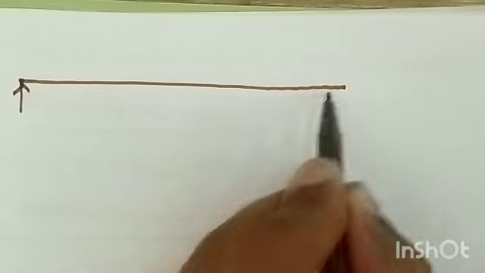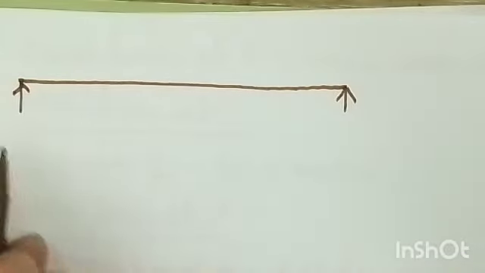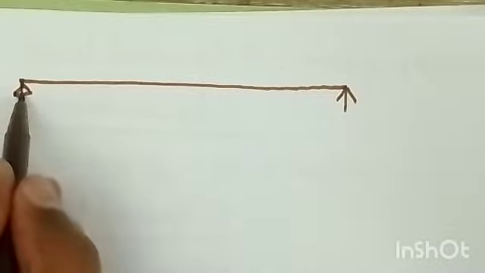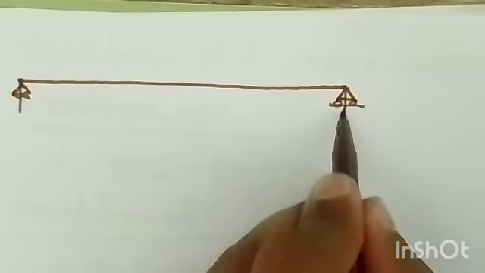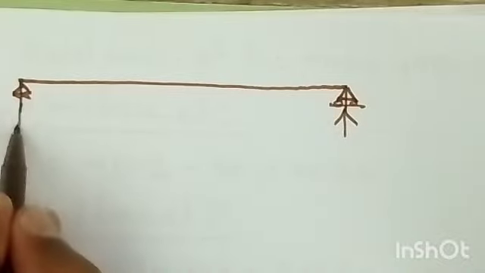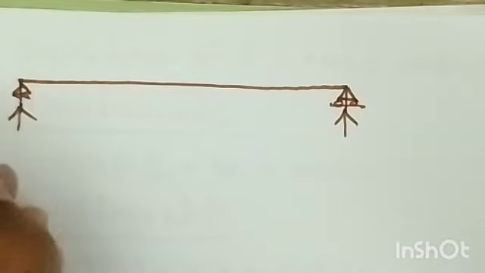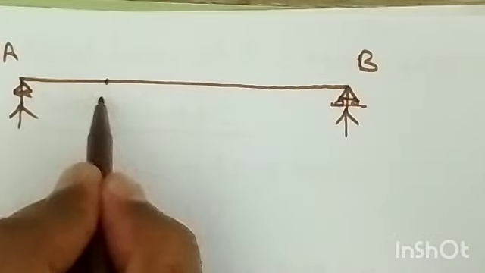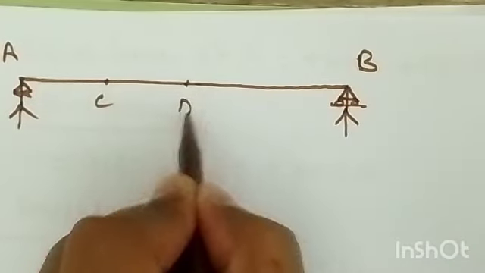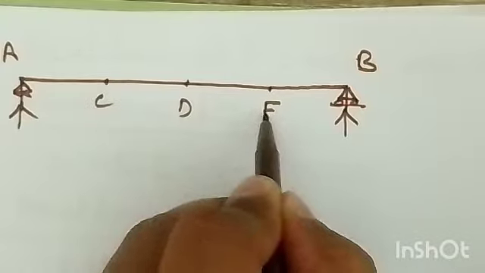Let's say this is your beam, this is your problem, this is the reaction at A and B, right? Let's say this is your hinged and this is your roller, right? So these are the reactions. Now this is A, B, C, D and E, right?